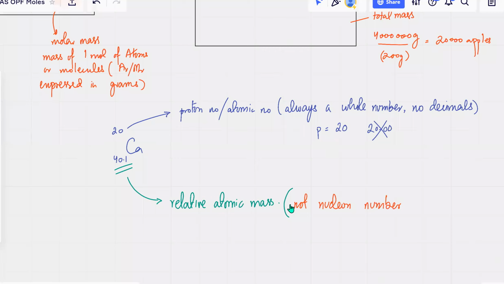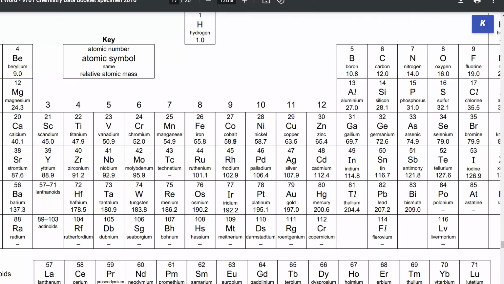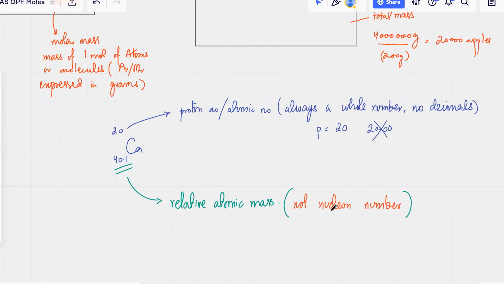It's very close to being the nucleon number, but it's not exactly the nucleon number. Even if you look at the periodic table, they didn't write nucleon number. This is the relative atomic mass. They're kind of similar, but there's a very slight difference.